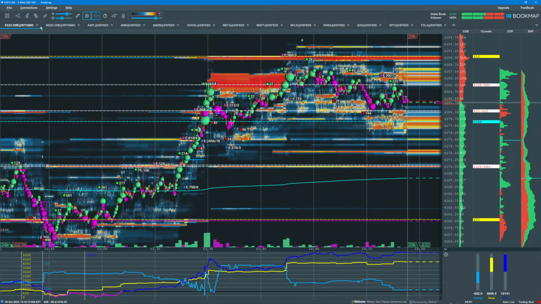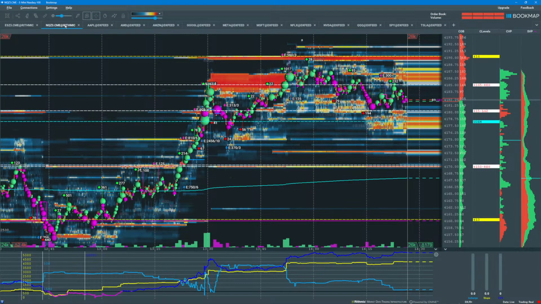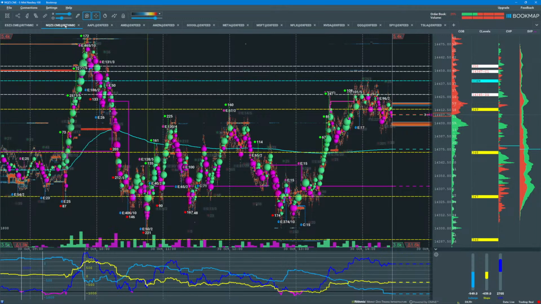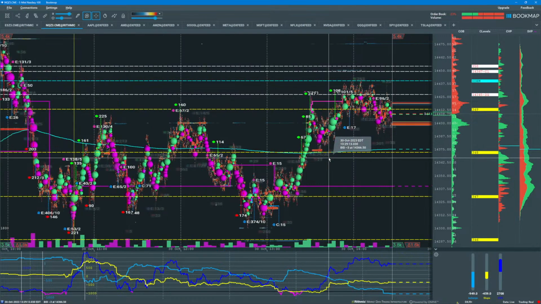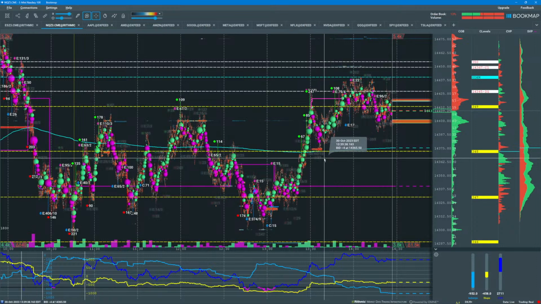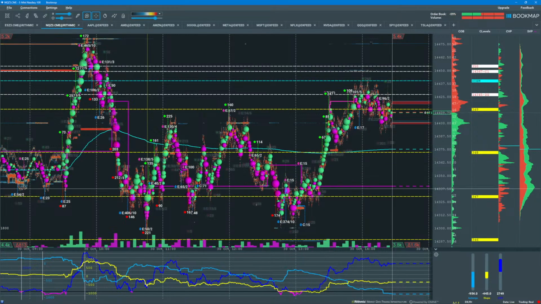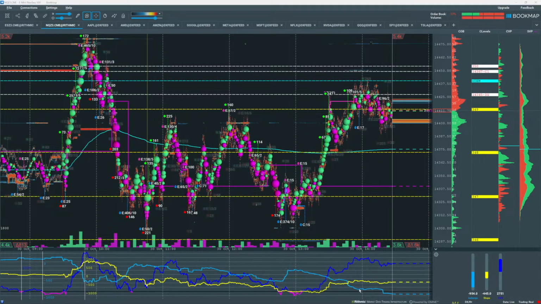Take a look at Nasdaq. All right, Nasdaq just below the QQQ 349 level. Large traders continue to sell into strength with iceberg orders, not large size.